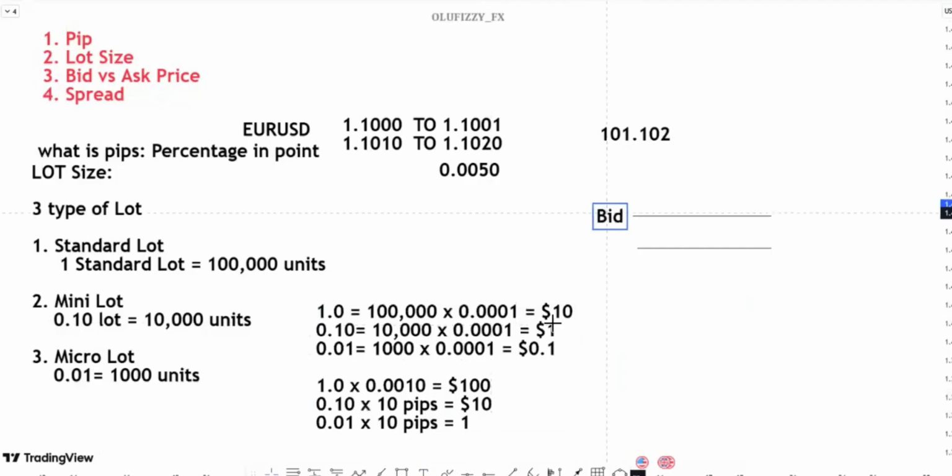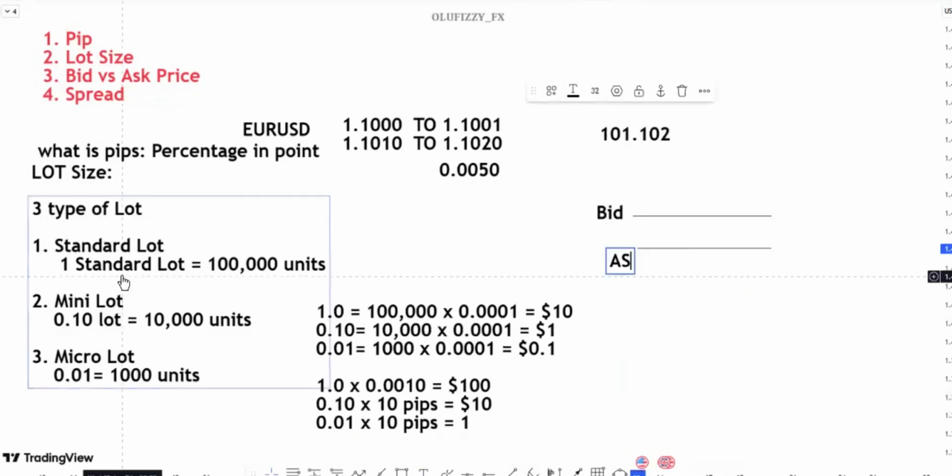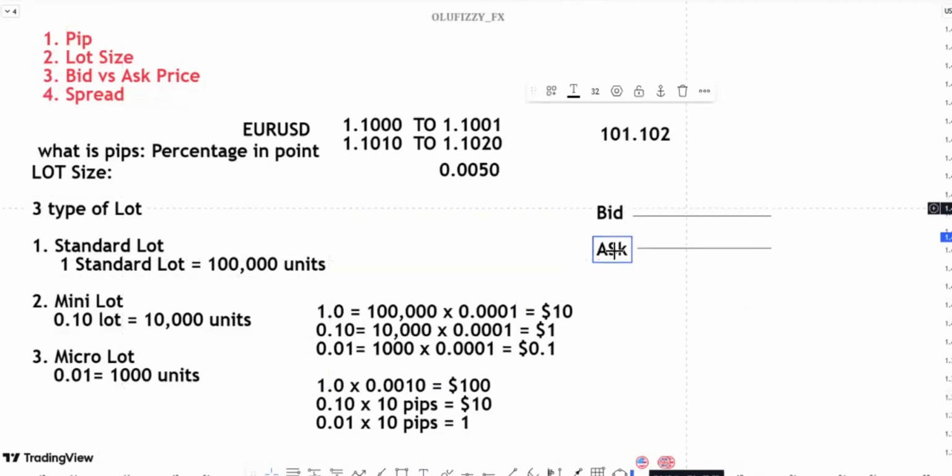This one we have below here is going to be the ask price. For this bid price, you can have something like this. Let's say the price number that we have as this bid price is 1.00010.